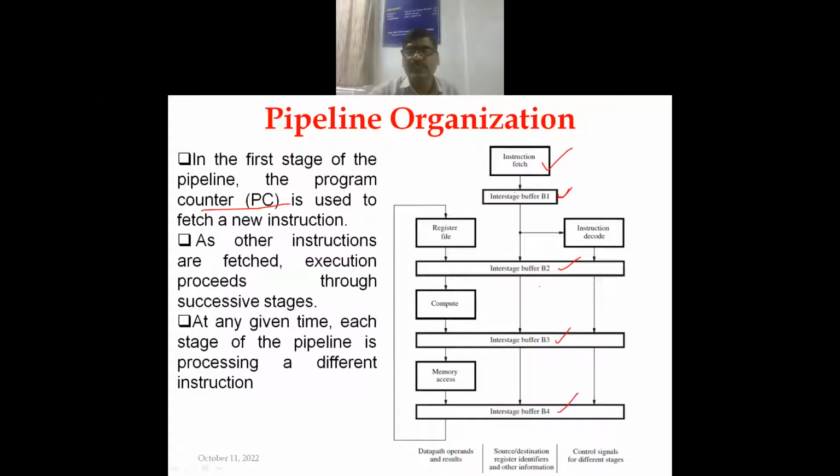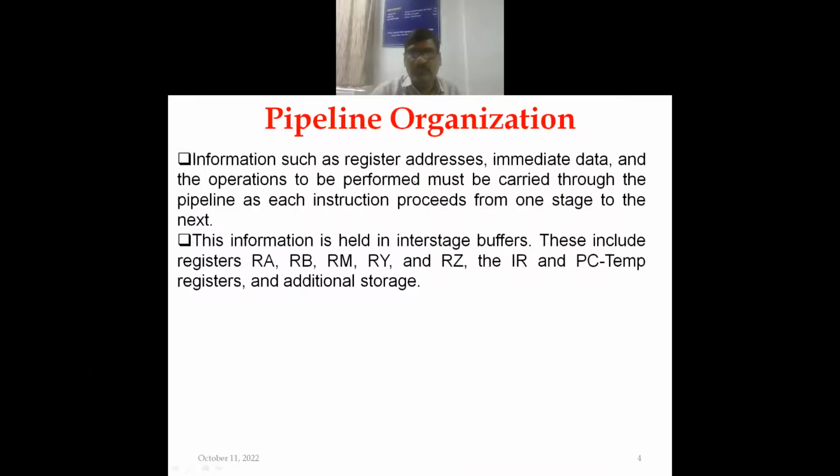Information such as register addresses, immediate data, and the operations to be performed must be carried through the pipeline as each instruction proceeds from one stage to the next. To hold that information as it passes, we make use of these interstage buffers.